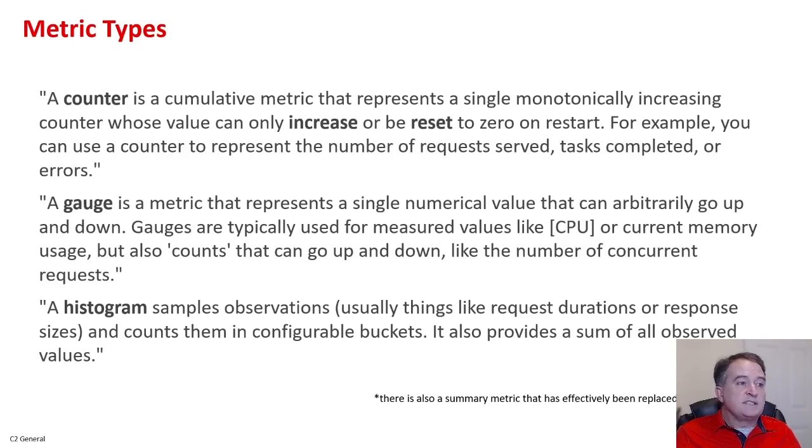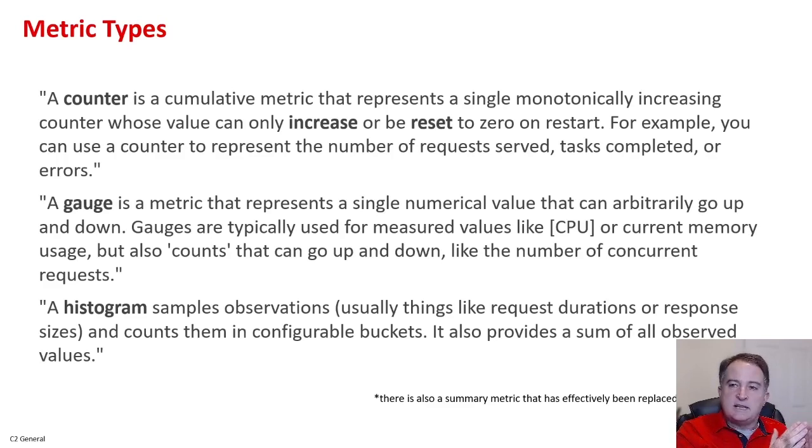Another metric is a gauge. This is a numerical value, but it can go up or down. Typically you might be measuring something like CPU, where the CPU could go up or down, or the memory could go up or down. And the third type is a histogram. Normally you use this for things like page responses, where you're interested in the histogram of page responses, where you put all your responses into buckets.